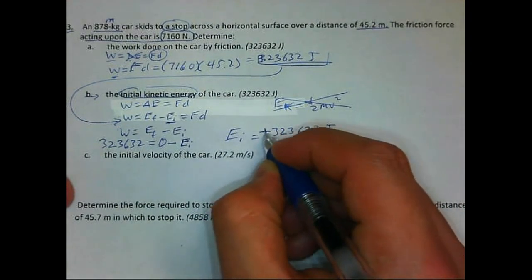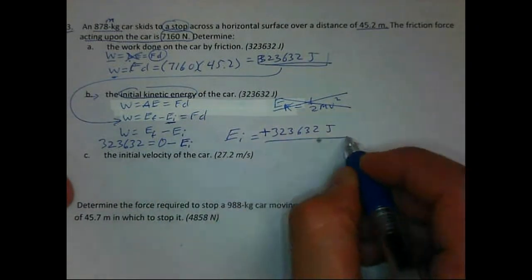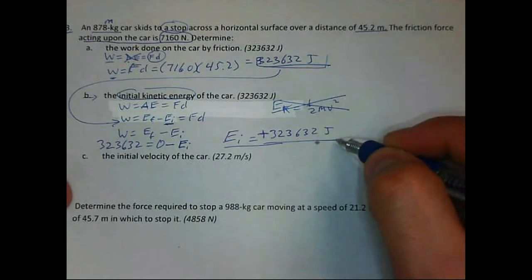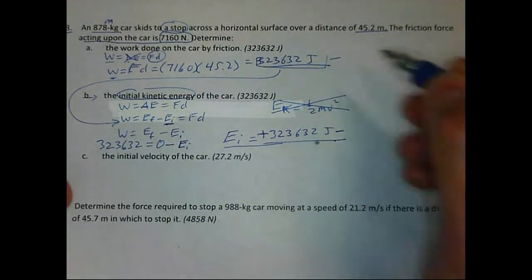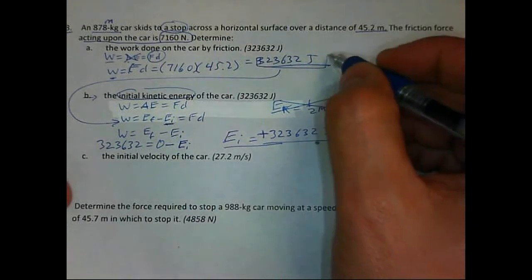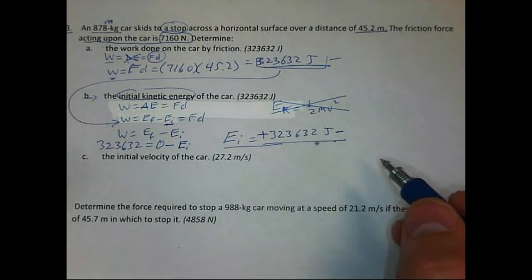Or no, positive. That'll be positive because you'll subtract that away. Okay, and that's what I just told you up here, that this is the energy that the car had before it started to stop. Notice that these two are the same. They actually have to be the same according to the work energy theorem.